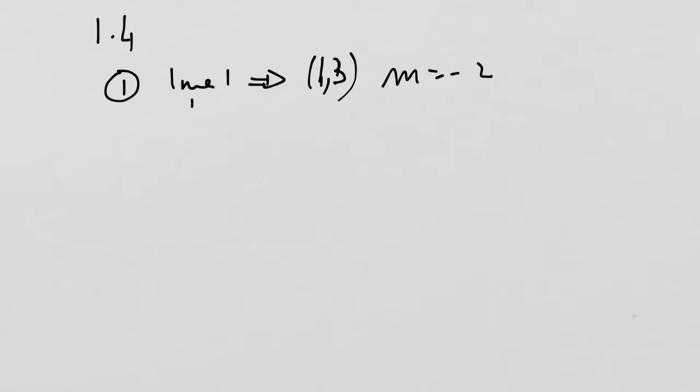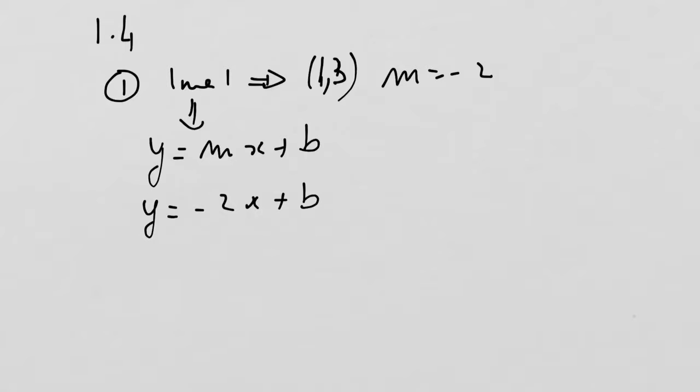Well, because it's a line, it's supposed to be y equal mx plus b. They are giving you the slope m equal negative 2, so y is going to be equal to negative 2x plus b. And to find b, you are going to use this point by plugging in y and then x. So if I plug in y, I have 3 equal negative 2 times x, which is 1, plus b.